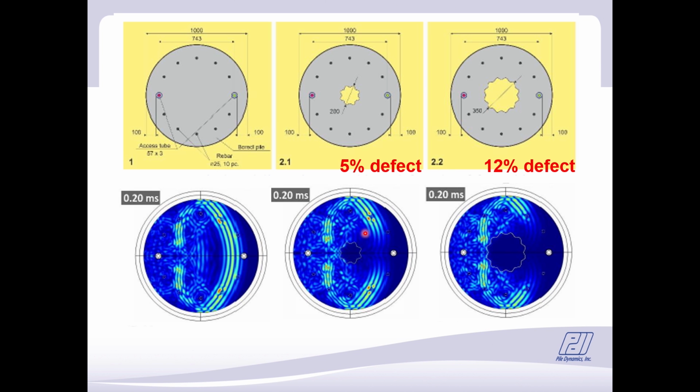The color is markedly smaller here, and you can see a little wave in here which indicates there's going to be a delay in the arrival of the signal. Again, it takes a little bit more time to go around the defect. And the larger the defect, the more prominent that delay is, and the weaker the signal strength is.